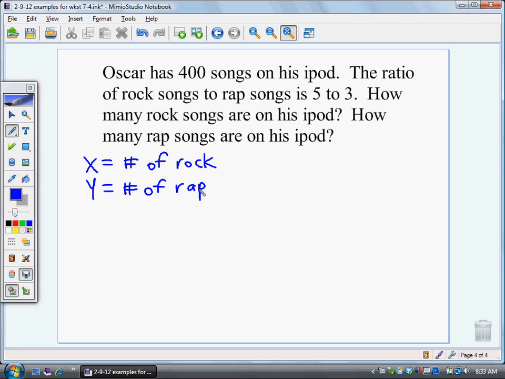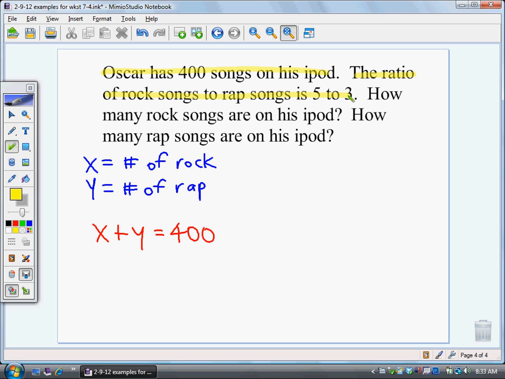And you have two equations. This right here is going to give you one. That would just be the number of rock songs plus the number of rap songs has to be equal to 400, which we're assuming here that all he has are rock and rap. The second equation comes from right here.